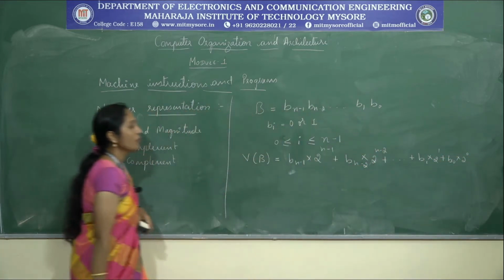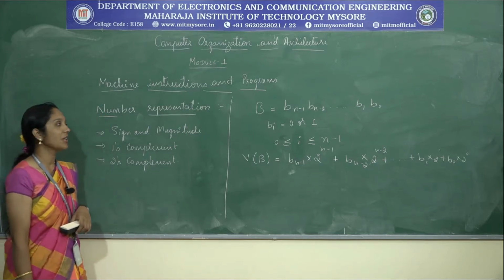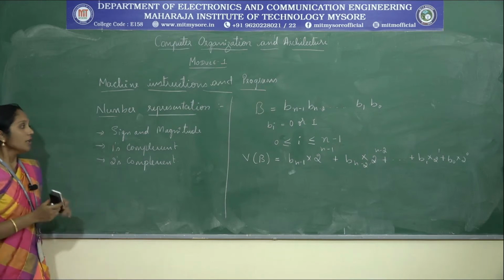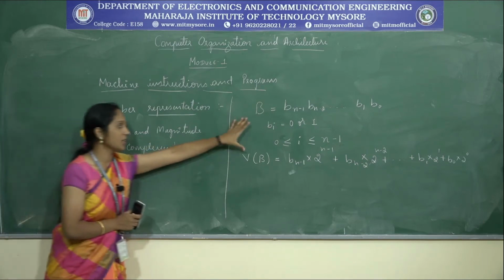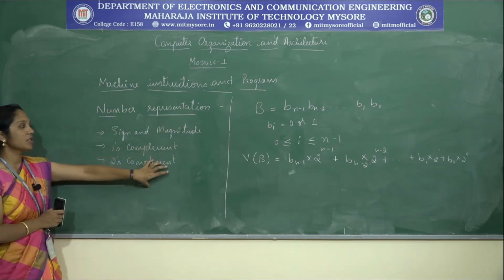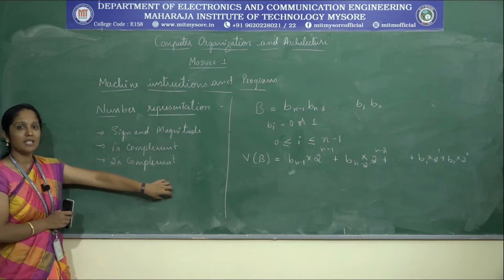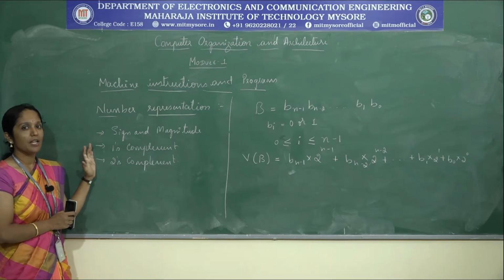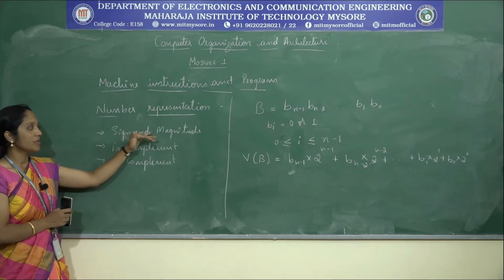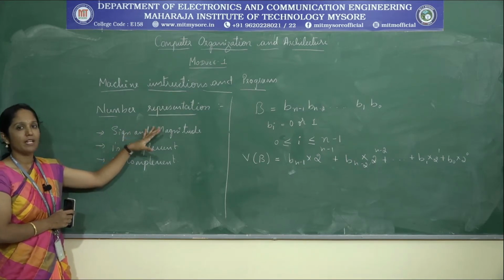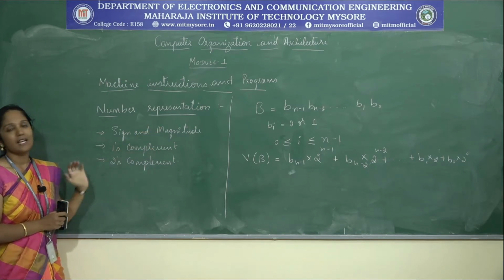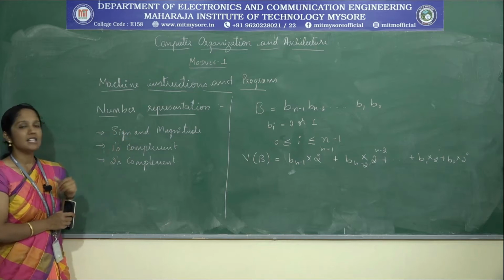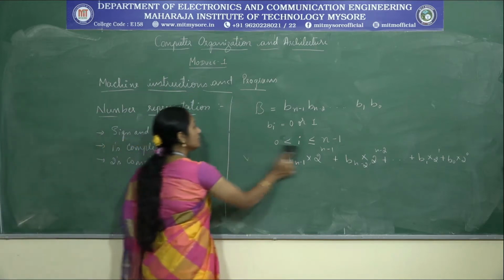This is how we represent the unsigned integer equivalent of the binary representation. This is the general representation, and these are the three number systems using which we can represent binary strings. Now let us consider a table wherein we will see the representation of 4-bit binary strings in all these different number systems, so that we can understand the difference between them.